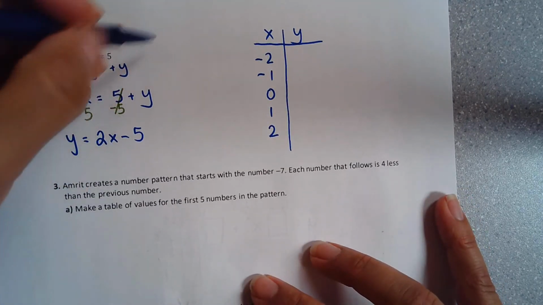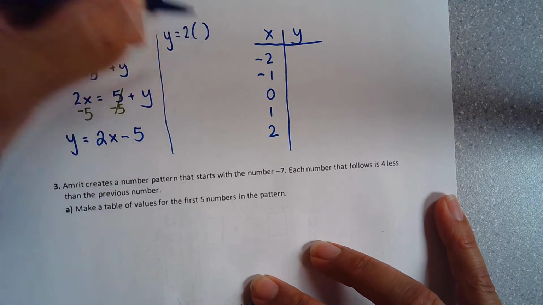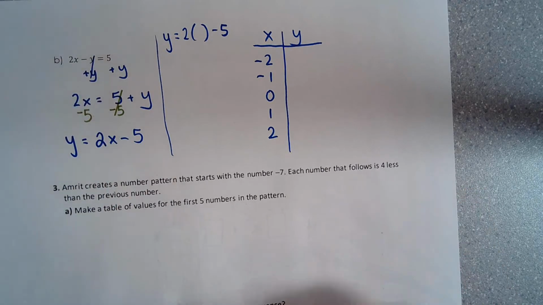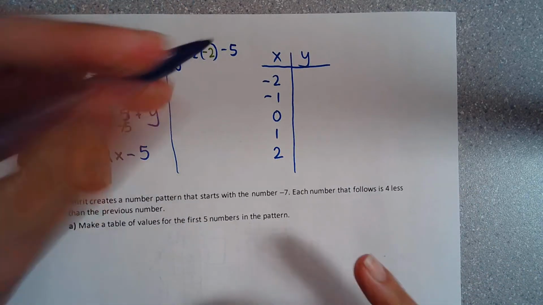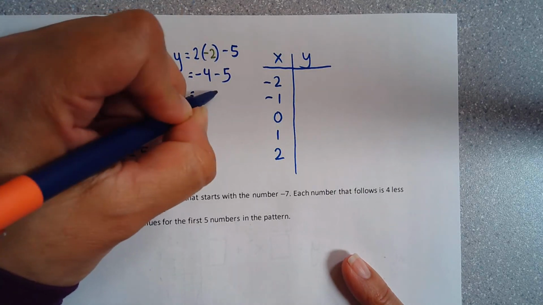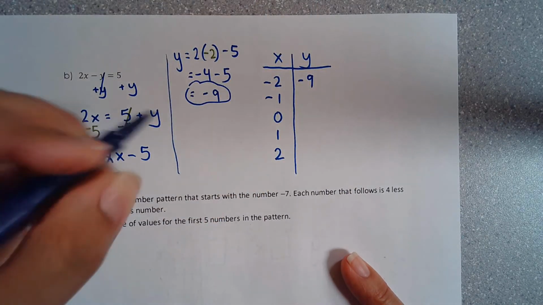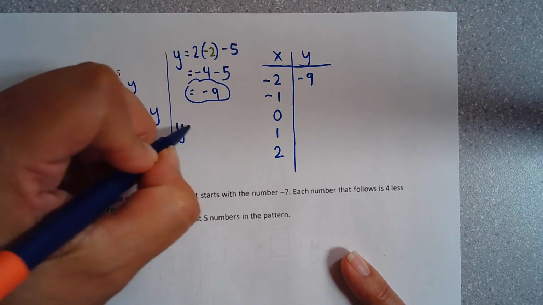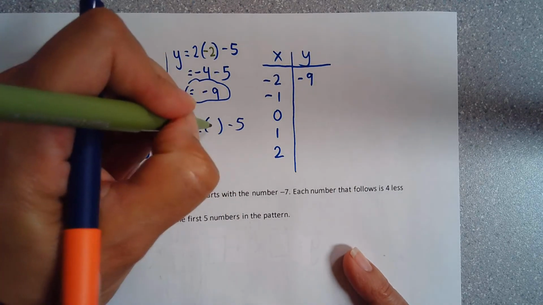So the first one, I plug in -2. So I have -4 minus 5, which is -9. Okay, then I plug in -1.